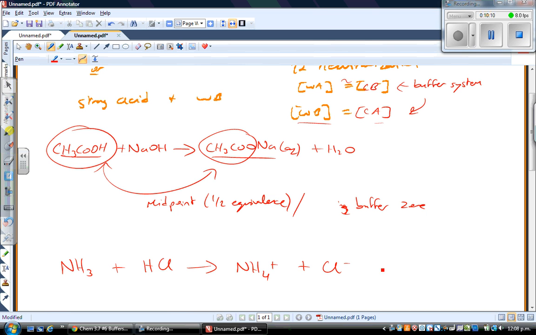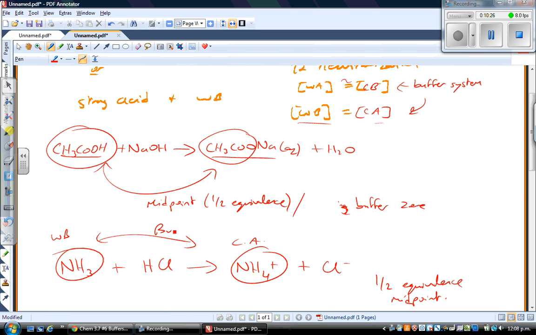And in this case, again, if you go to the half equivalence, or the midpoint, then you would have had equal concentrations of the weak base and its conjugate acid, and therefore you have a buffer system. So just be aware of that. It might look a bit strange in an exam question if we're talking about adding a strong acid to a weak base and then referring to buffers, but what they're getting at is basically the second way to make a buffer system.